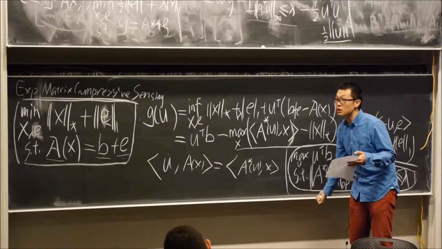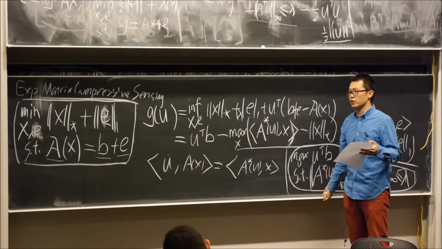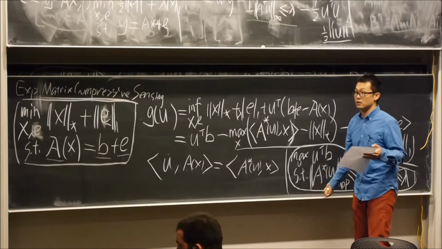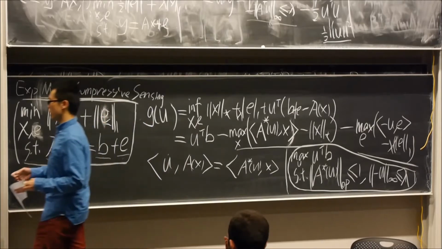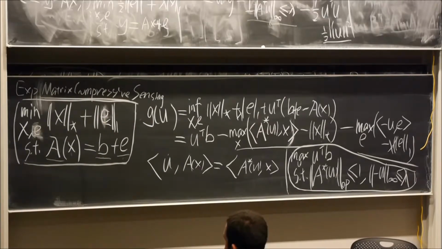By very fast, you mean a small number of iterations? Small number of iterations. Each iteration will be really expensive. Yes, yes. You need to solve a linear system of equations, and if you do not have any structure in the system of equations, then it's going to take n cubed to solve it.